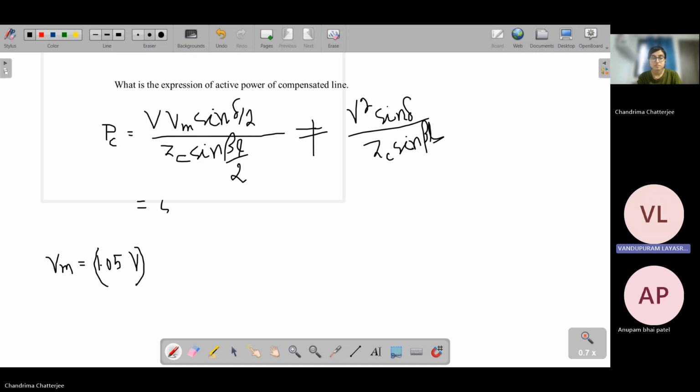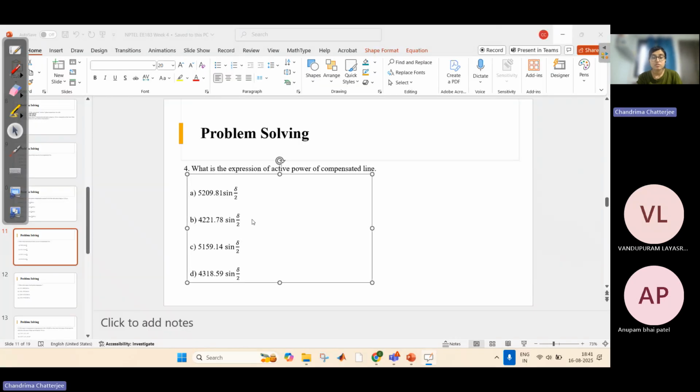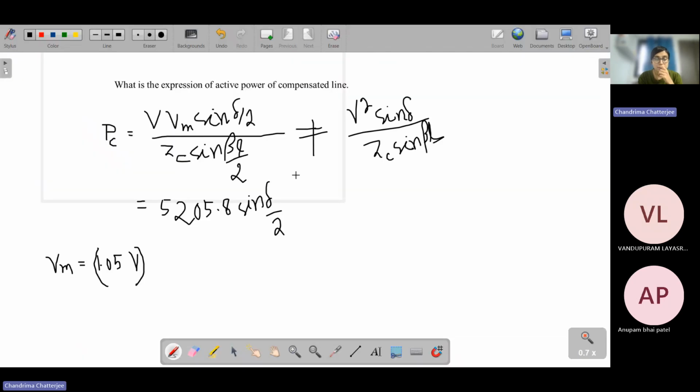5205.8 sin delta by 2. Okay, but I got 51, close to this option C, 5159. Just a sec.